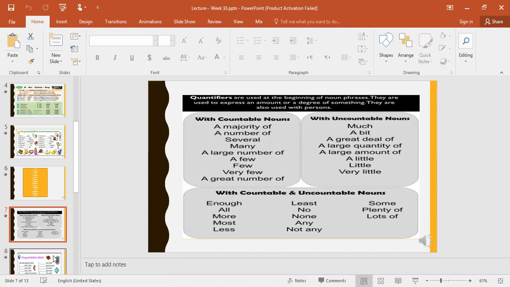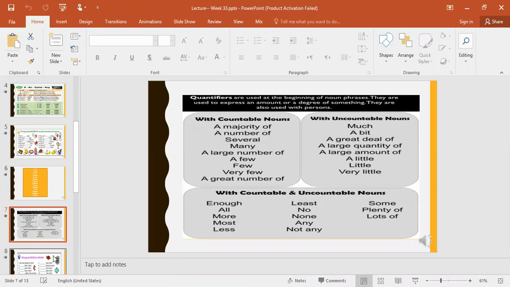Yes. They are used to express an amount or a degree of something. They are also used with persons. So quantifiers, as we said yesterday, are used at the beginning of the noun phrases, and they are used to express the amount or the quantity or the degree of something.